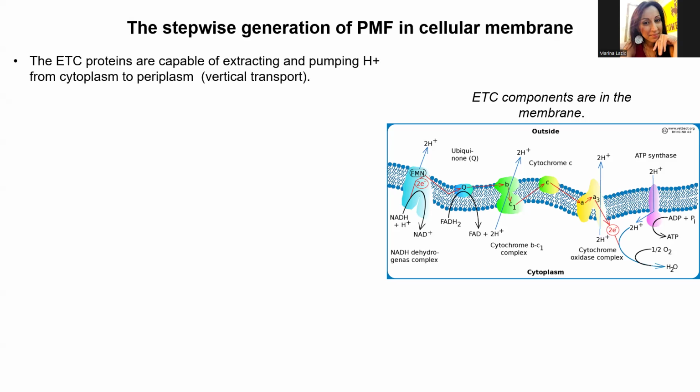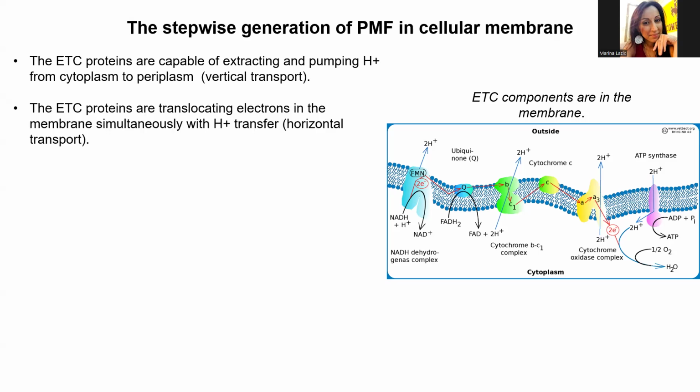Proteins that are involved in the electron transport chain, or ETC, have the ability to extract and pump protons from the cytoplasm to the periplasm. That's called vectorial transport. What precedes pumping of protons is translocation of electrons in the membrane through various carriers.